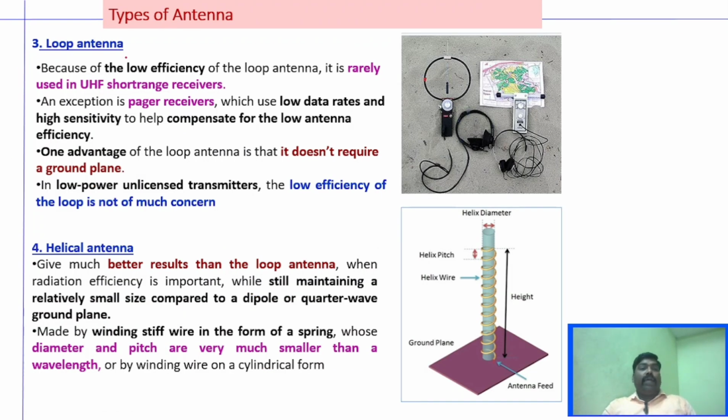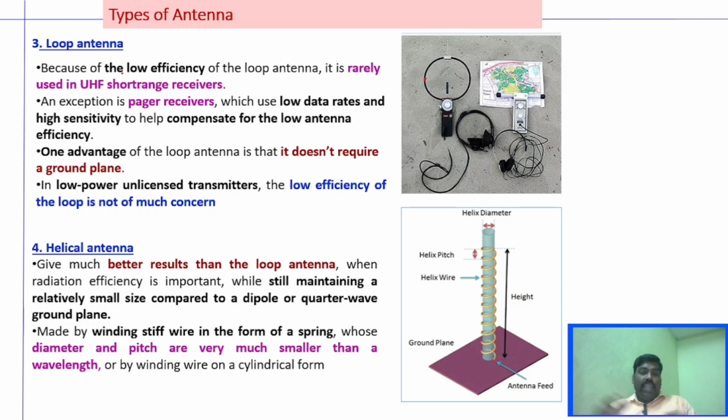And the loop antenna, because of its low efficiency, is very rarely used for UHF short range devices, but for pager receivers, where we need low data rate and high sensitivity to help compensate for a low antenna efficiency, right? We can use it in pager receivers. And one advantage of the loop antenna is it does not require a ground plane, whereas in monopole we see that there is a ground plane.